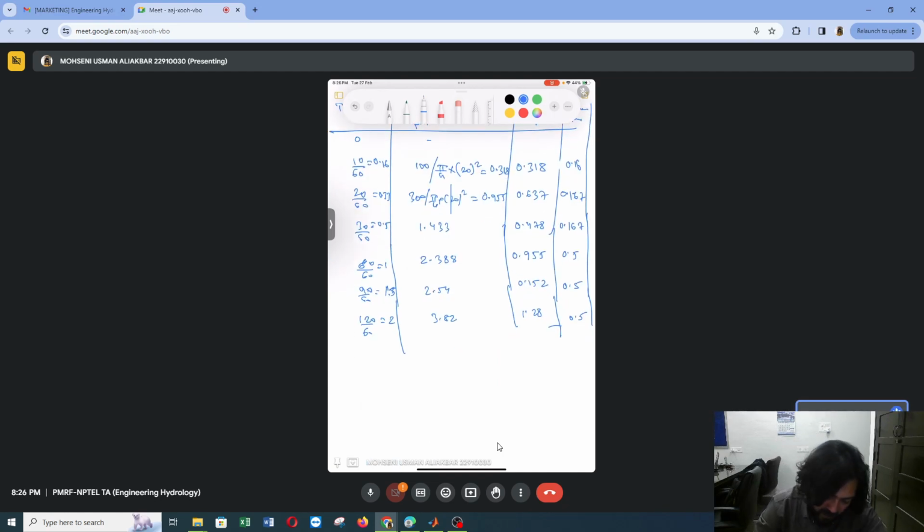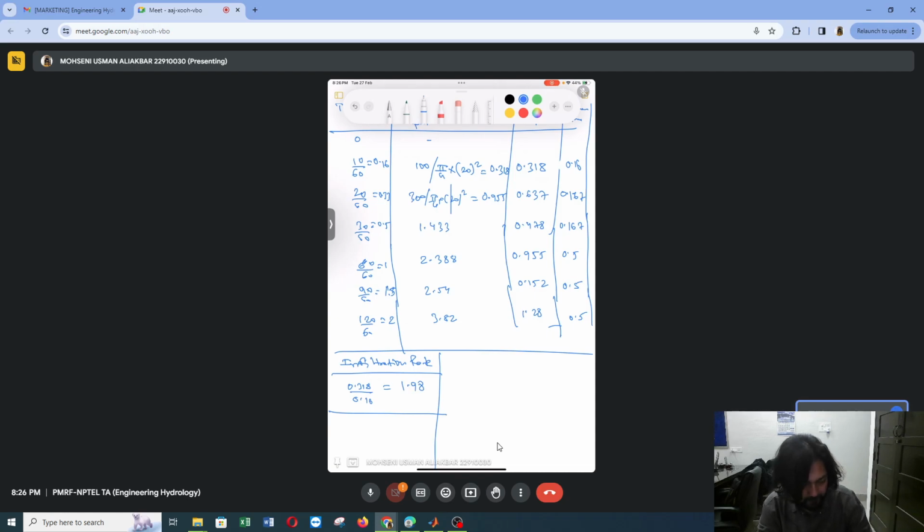We will calculate infiltration rate now. We are going to divide 0.318 by 0.16, and we get the value of infiltration rate. It is coming to be 1.98. Then the next term is 3.184.